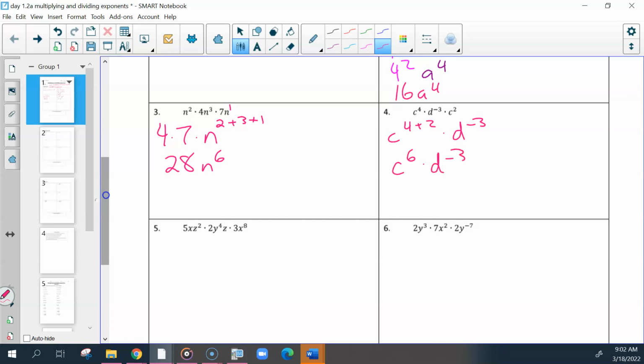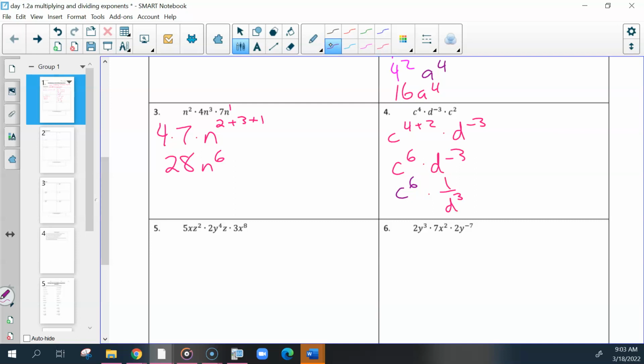Now we have a negative exponent. We have to deal with that. What would the d to the negative 3 become? 1 over d to the third. And then our last step, we need to combine these in a simplified fraction.